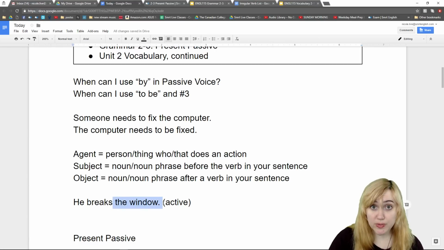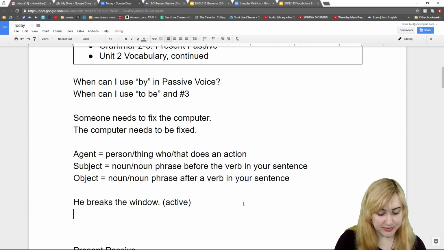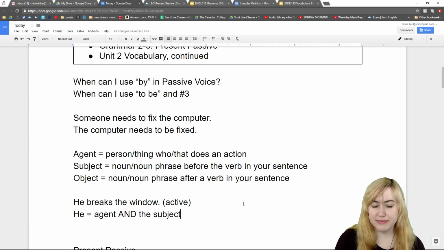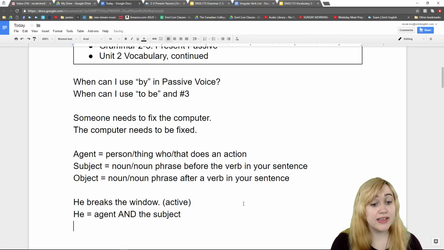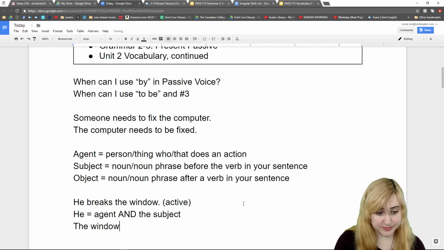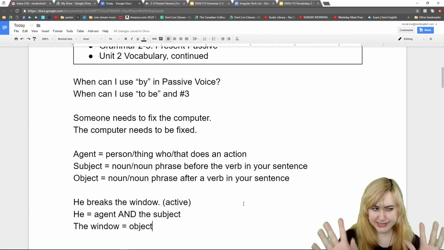The window is the object. He is also the agent. So let me write that for you. So he is the agent and the subject. The window is the object. Okay. So far, so good?